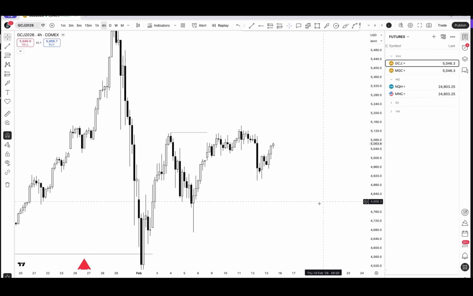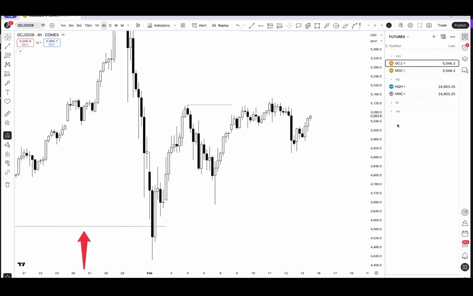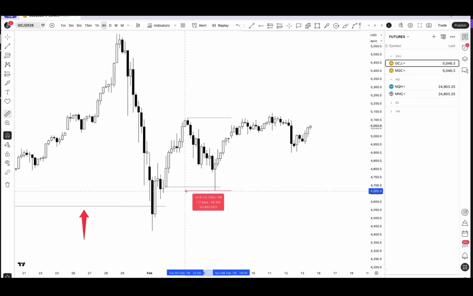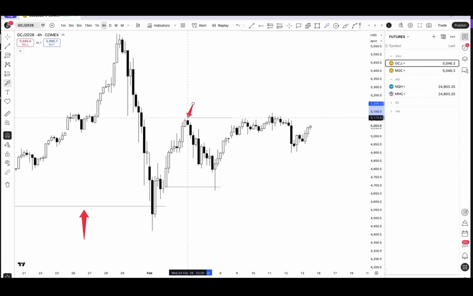After inducing sellers and taking out this low to the left, we had this high that became the inducement high here. But liquidity on the higher time frame, essentially inducement from the left, hasn't been taken yet. Where is that located?